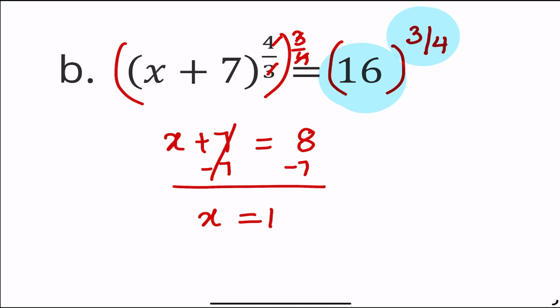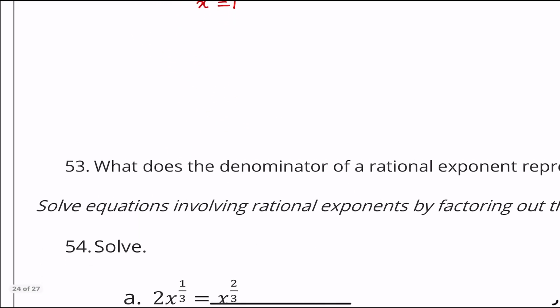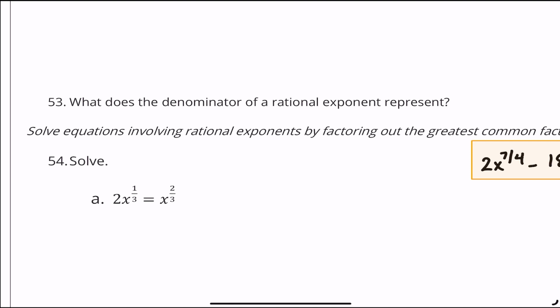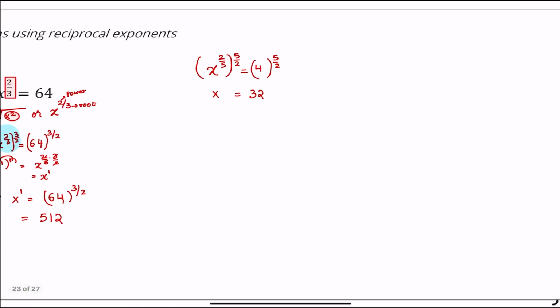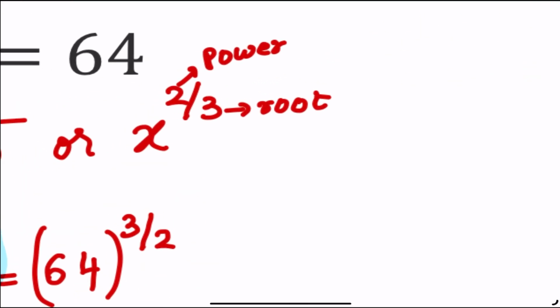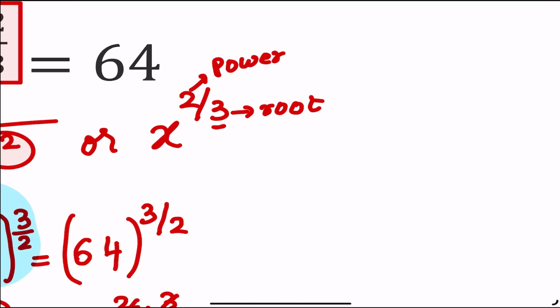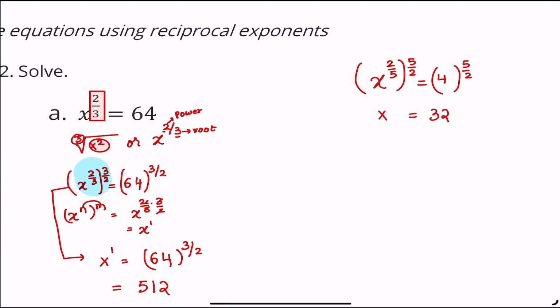All right, let's try the next one. What does the denominator of the rational exponent represent? Remember, I just told you about it. The denominator represents the root and the numerator represents the power.